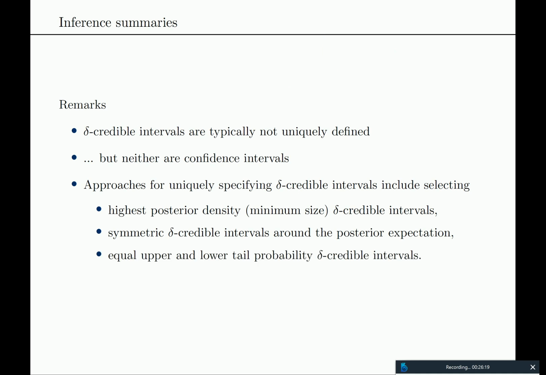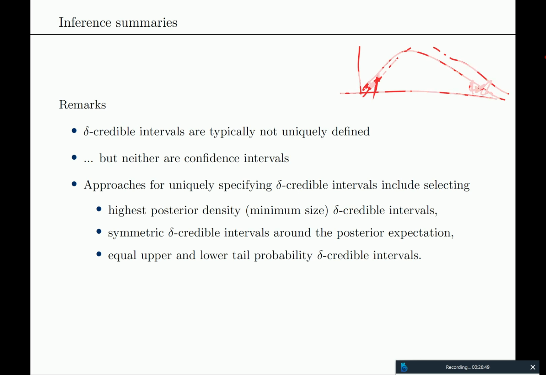Or you can do equal upper and lower tail probability credible intervals, so that you cut off, if it's non-symmetric, half here and half there. Very nice. So these are things in Bayesian credible intervals one can think of.